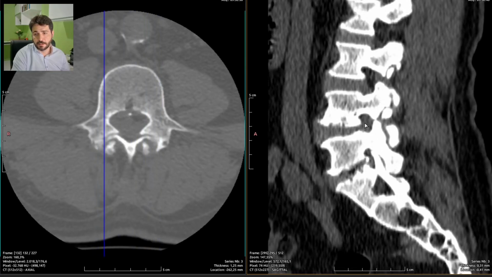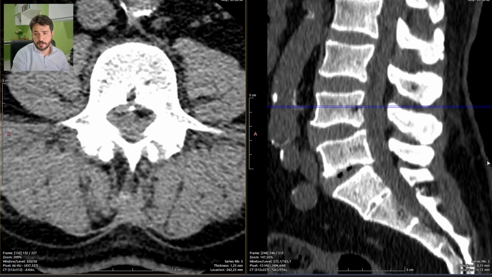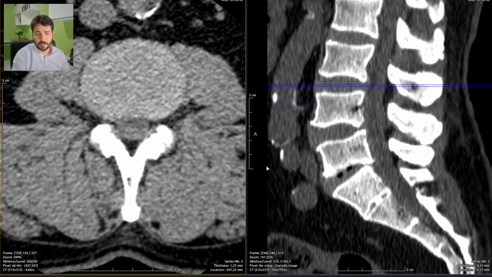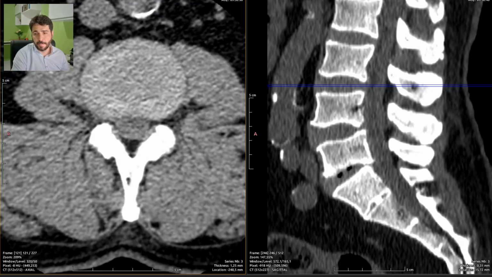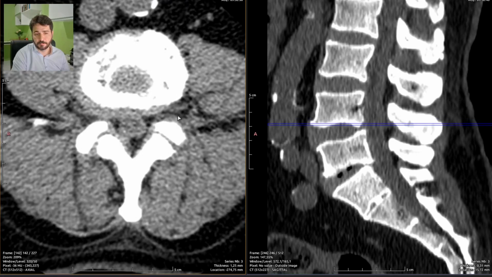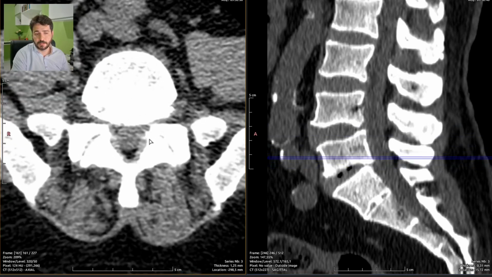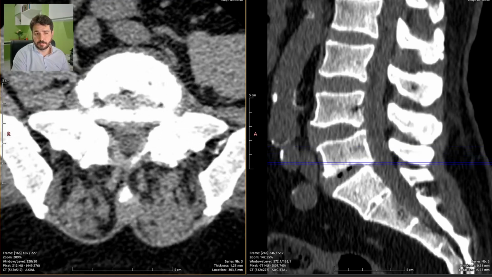So on L3, L4 there is some degree of compression, some mass effect on the dural sac. On L4, L5 this is greater, more prominent, and of course on L5S1 there is moderate stenosis of the vertebral canal, the vertebral foramen.